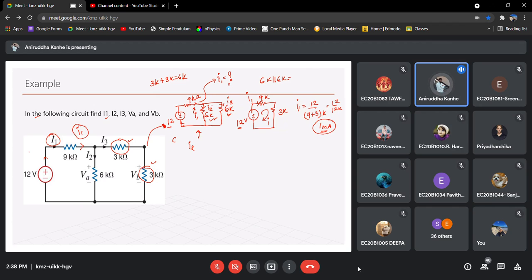If I'm interested in this current, I will take the other resistance, 6K, into the current flowing in this branch, that is I1, 1 milliampere, divided by 6K plus 6K.